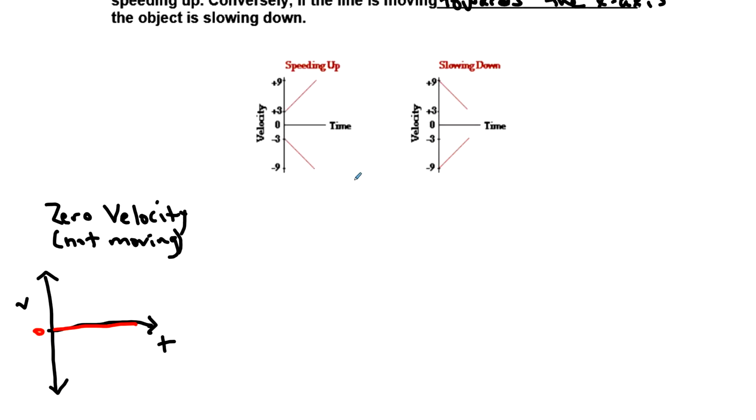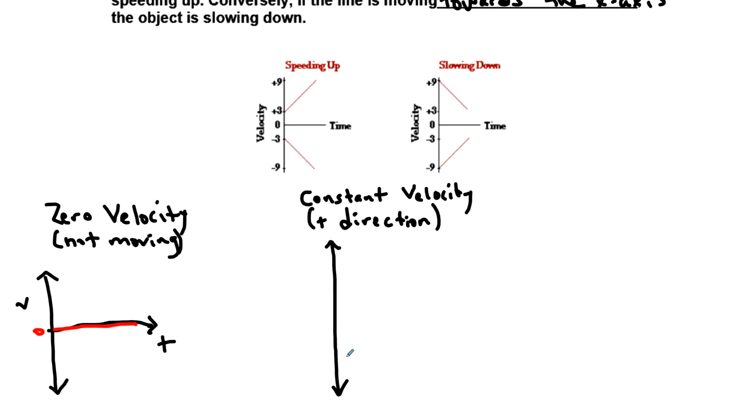The other scenarios that we didn't really dig into: we talked about what constant velocity looks like, but the placement of the line tells us a lot about what that object is doing. So let's make a comparison. Let's look at constant velocity in the positive direction. Anytime we're in the positive direction, we're drawing lines up above the x-axis.